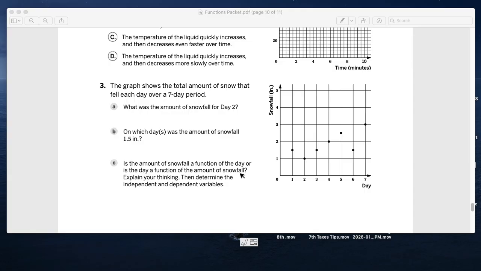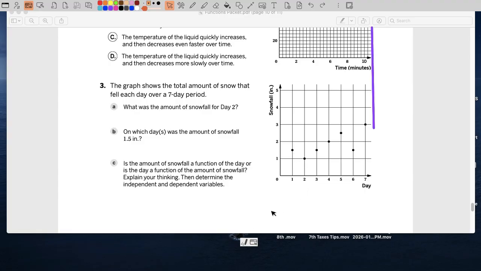What was the amount of snow for day 2? So day 2 is this one, right? Right here's day 2. And what's the amount of snow? We get 1 inch.